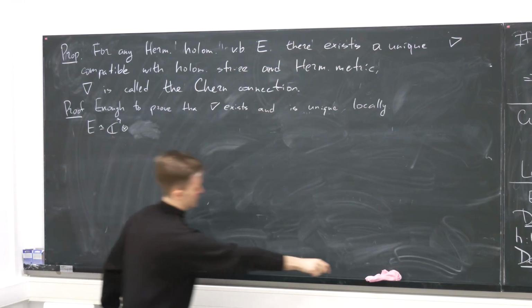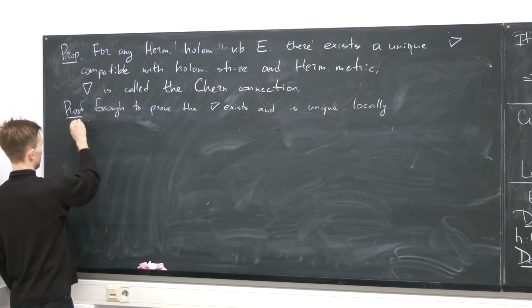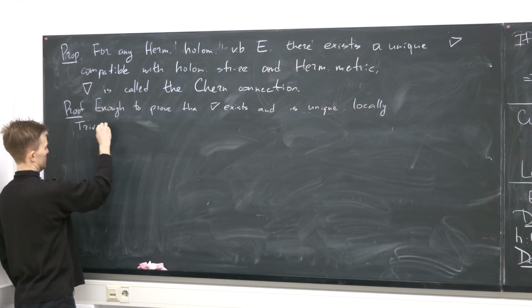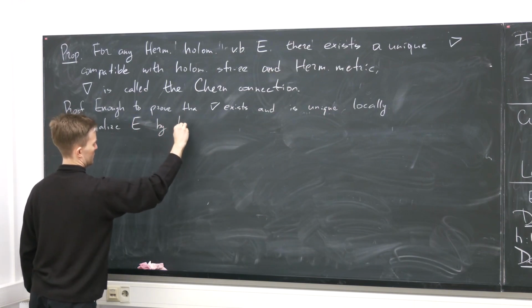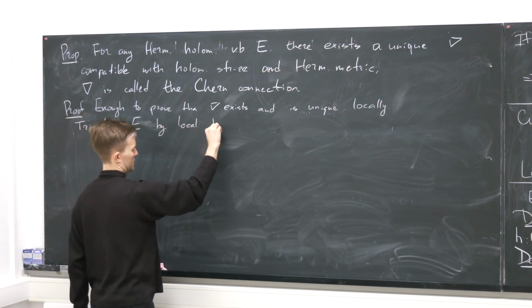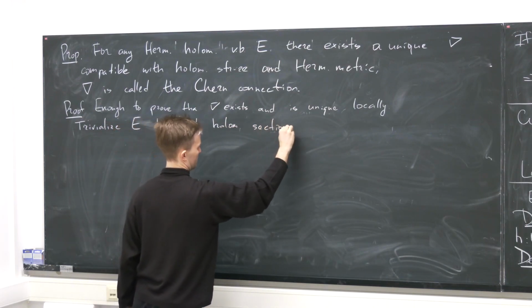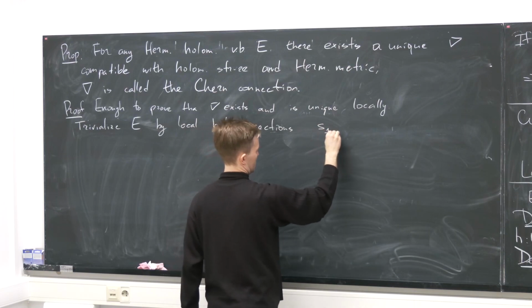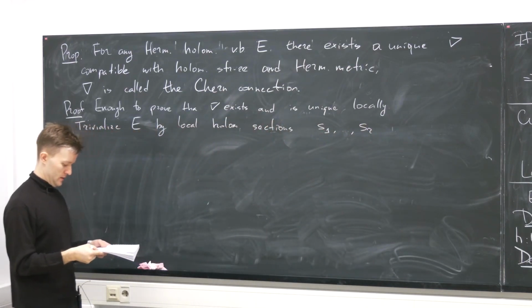So let me write it like this: trivialize E by local holomorphic sections S1 and so on, SR, for example.